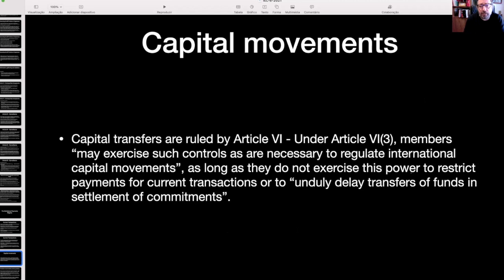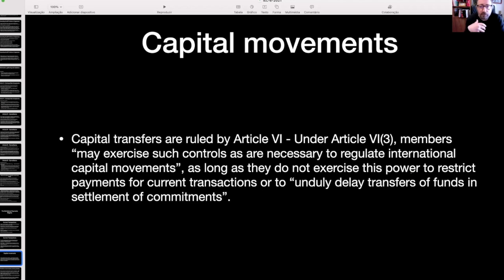Okay, then capital transfers. So transfers for buying shares, etc. Well, they're subject to domestic controls. So members may impose domestic controls on capital movements. They can limit the repatriation of these capital movements, as long as, you can see, they do not exercise this power to restrict payments for current transactions.